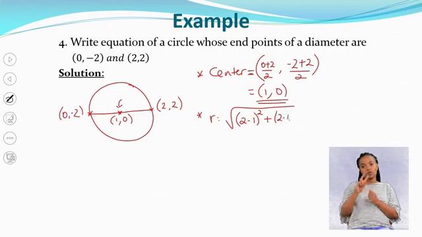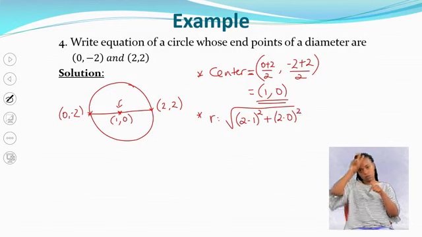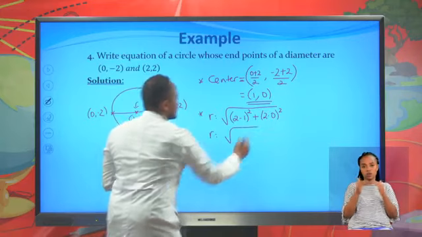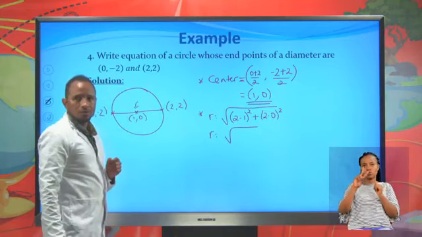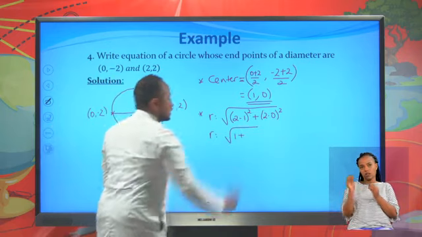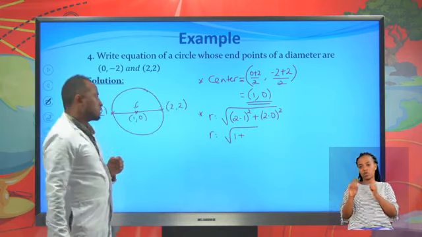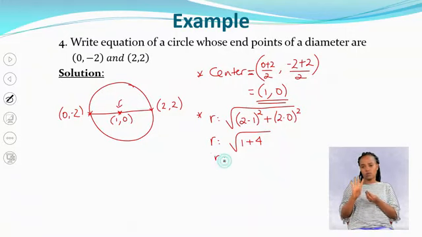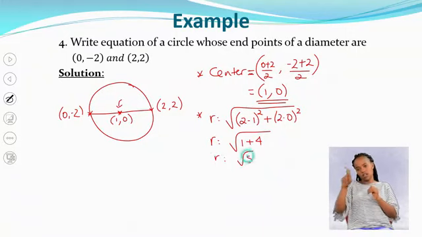Therefore, r is equal to the square root of 2 minus 1, which is 1, 1 squared is 1, plus 2 minus 0 is 2, 2 squared is 4. So the radius will be the square root of 5.